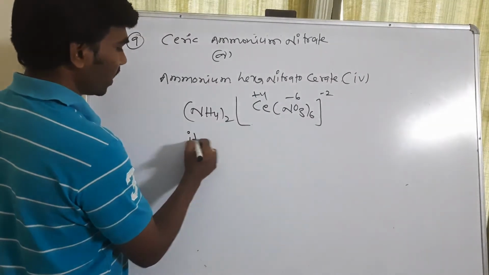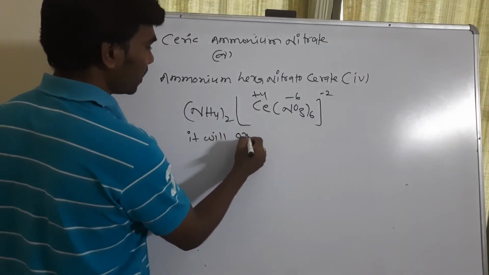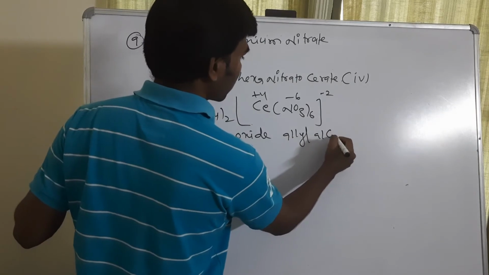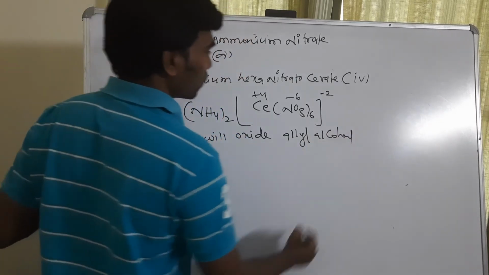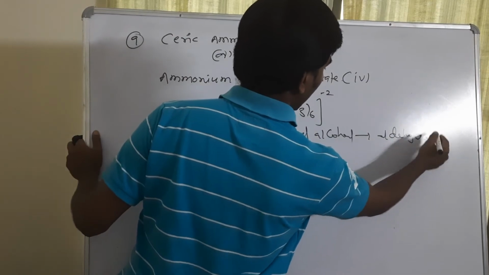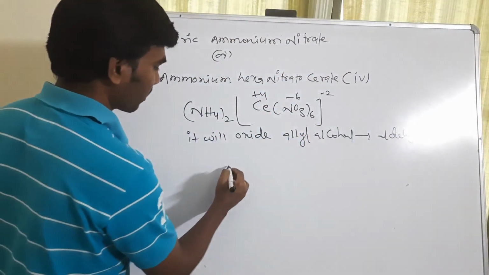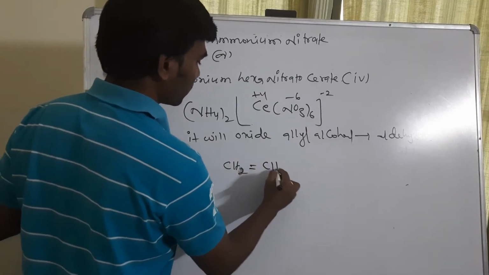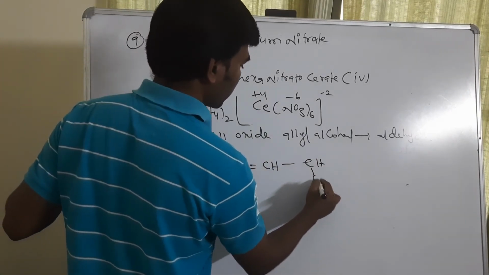It will oxidize allyl alcohol to aldehyde, allyl primary alcohol and allyl secondary alcohol. For example, CH2 double bond CHCH2OH is there.